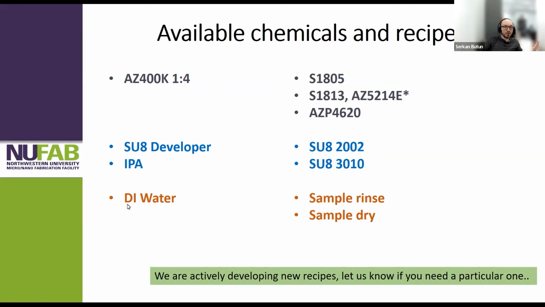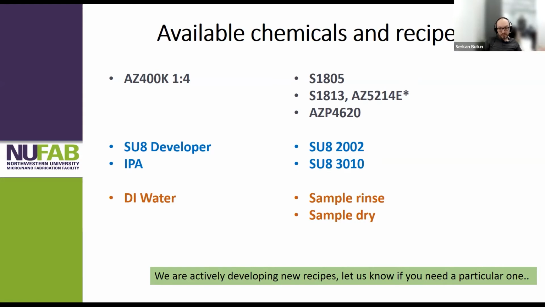You can also use DI water, for example. Sometimes users just need to rinse their samples with water, and you can do that as well. So there are recipes for that. You just put it in there, and it will rinse it and then dry it for you. There is also a spin dry recipe, no chemicals. You just put your substrate in, and it will dry it for you.